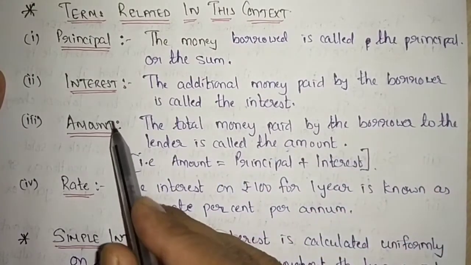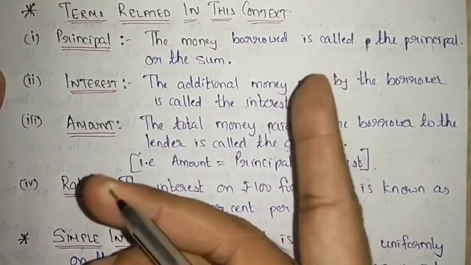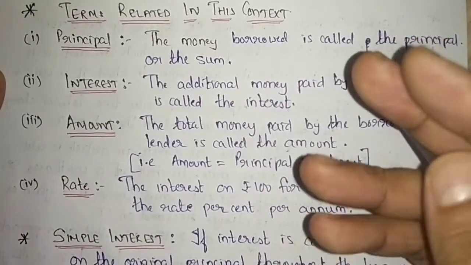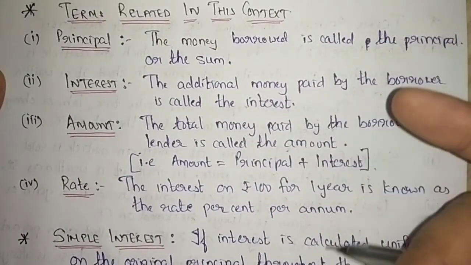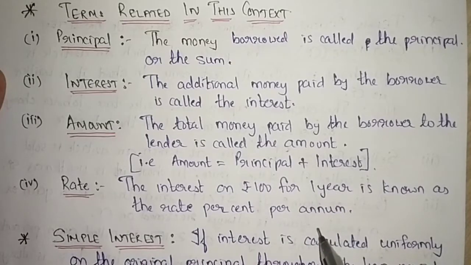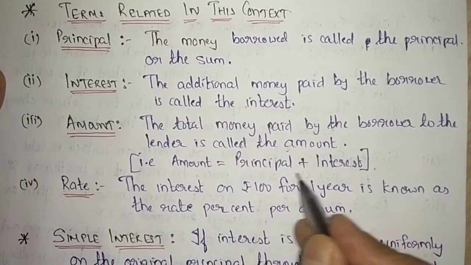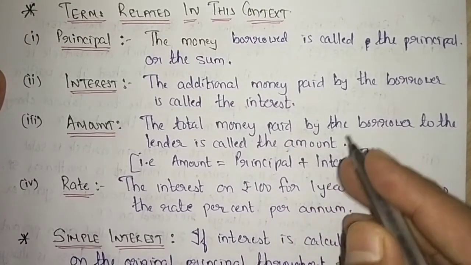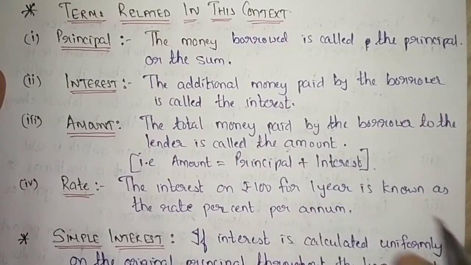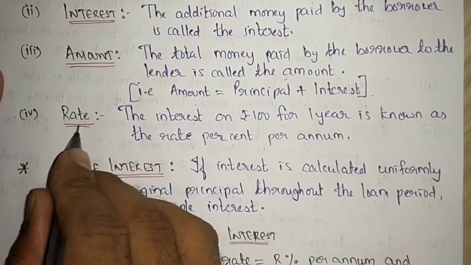So amount is the principal amount, 10 lakhs, plus 2 lakhs which is the interest on that money. The total money I will be paying is 12 lakh. So amount is equal to the principal plus the interest on the borrowed money, right?